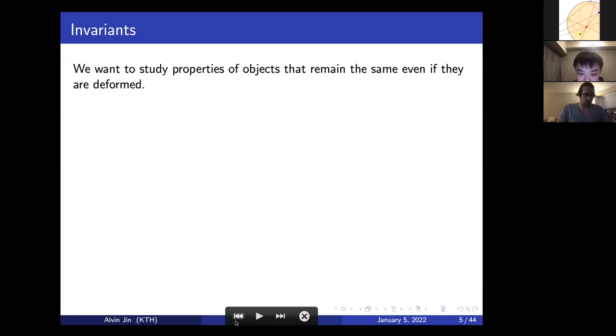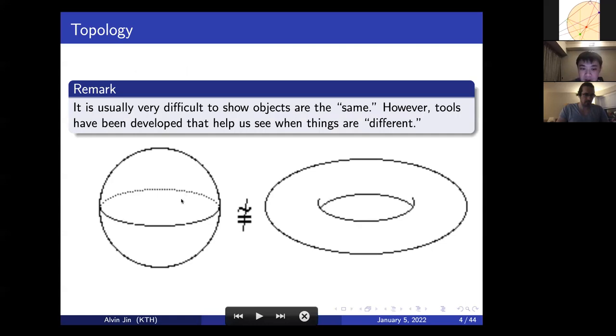For example, I can't get this hole without making some sort of jump. The formal definition, for those of you who took a set theory course, is that I really want a continuous function with a continuous inverse. So a bijective function with an inverse that is continuous itself.